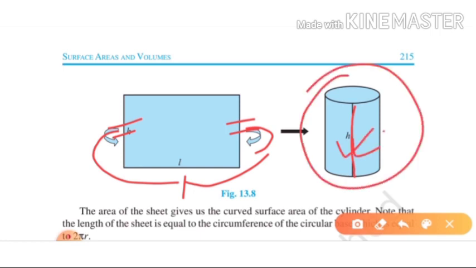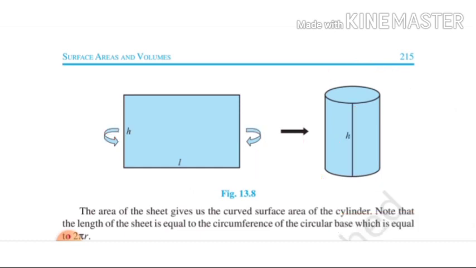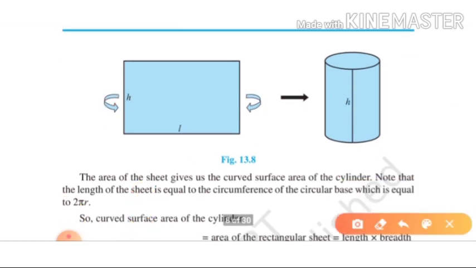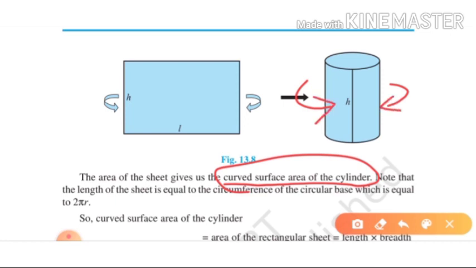So what is formed is a right circular cylinder. Now this is the curved surface area of the cylinder. Why curved surface area? Because we have only got this curved part, that is why it is known as the curved surface area of the cylinder.